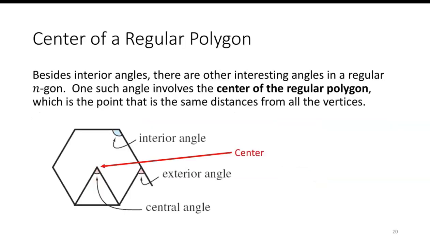Okay. In terms of parts of a regular polygon, besides interior angles, there are other interesting angles in a regular polygon. One such angle involves the center of a regular polygon, which is a point that is the same distance from all the vertices.